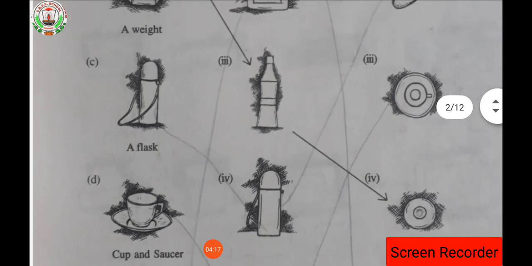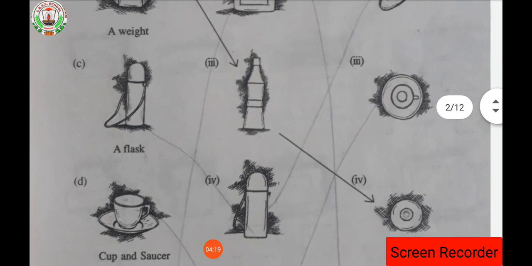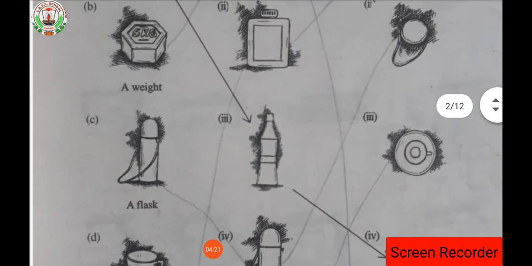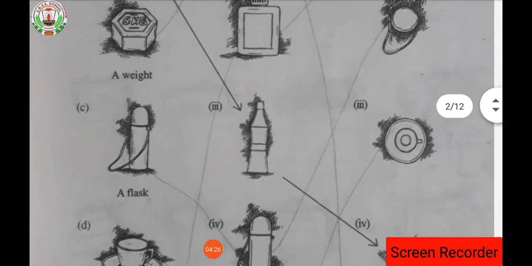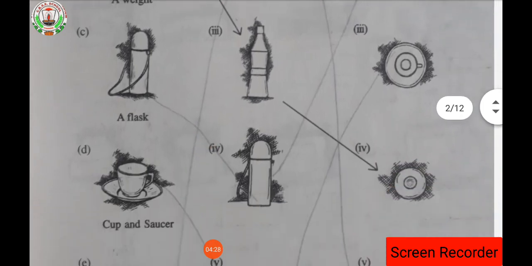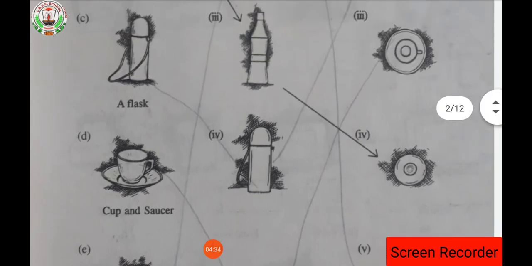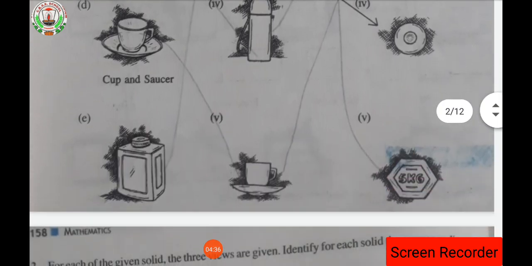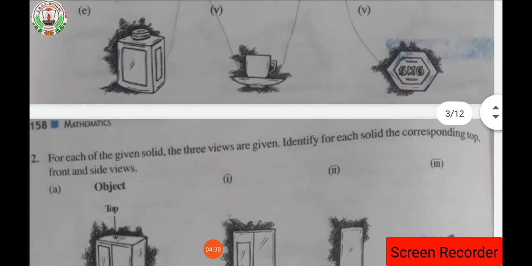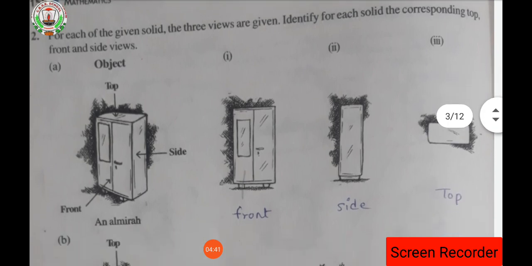For part C, the side view will be here, the fourth part in the middle, and the top view of the flask will be the second. Then cup and saucer, its side view is visible over here and its top view is this one. Try to do the E part on your own.